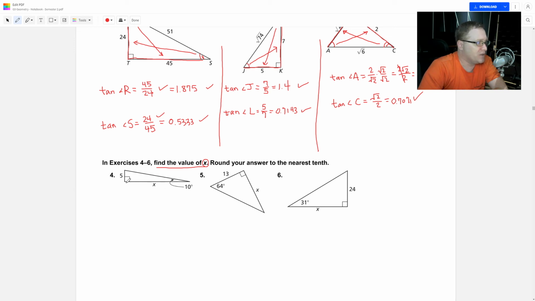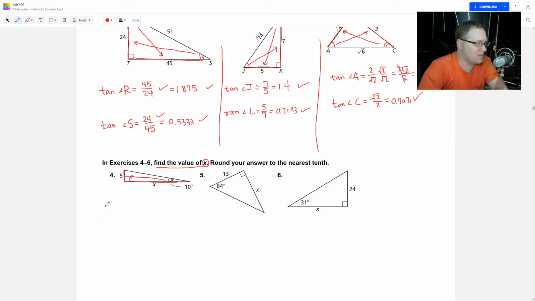Now, here we can see that x is the leg of a triangle. And this 5 is the other leg. And we know that the angle here is 10 degrees. Well, we just learned that the tangent of this angle is going to be the opposite side, which is 5, divided by x.